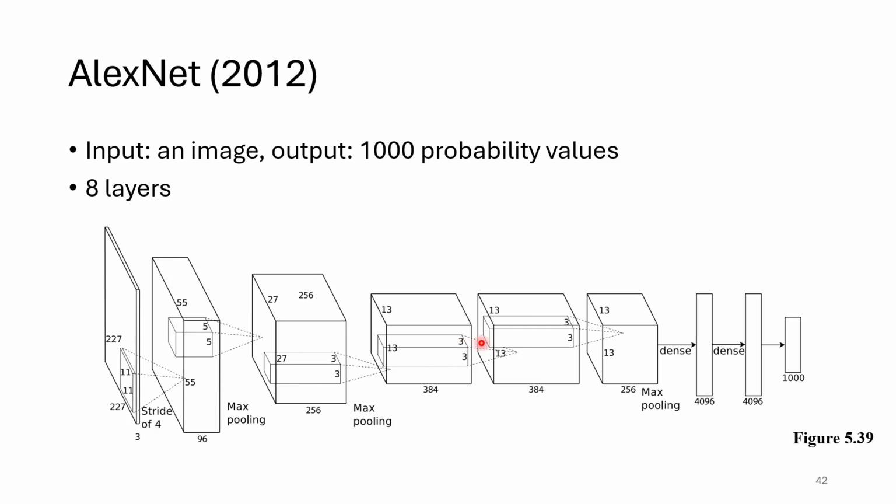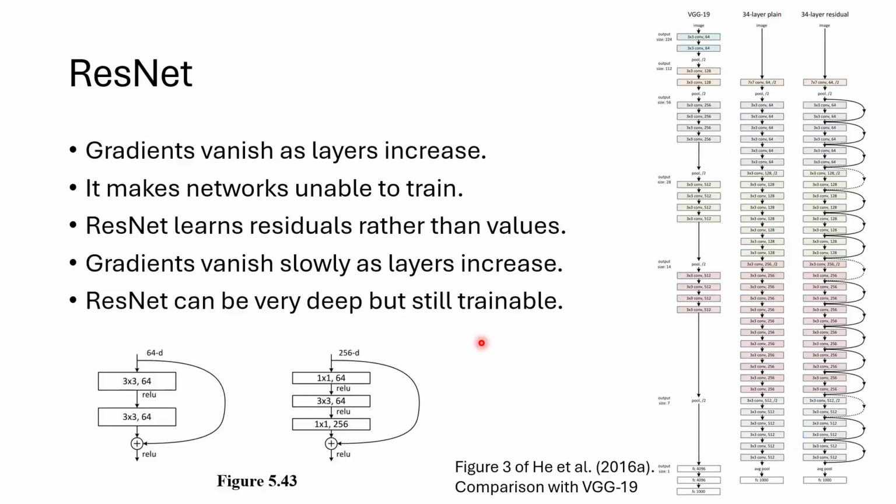But if there are too many layers, your signal in the beginning may be very large, but in the end it will become very, very small. And if the gradient is very small, it will be very difficult for you to update those parameters.